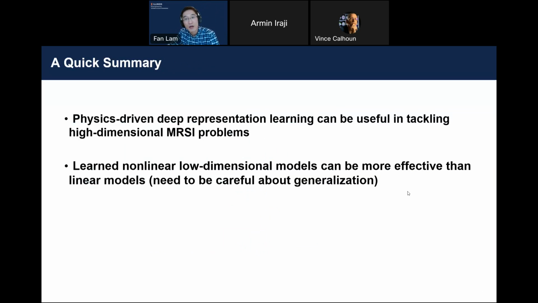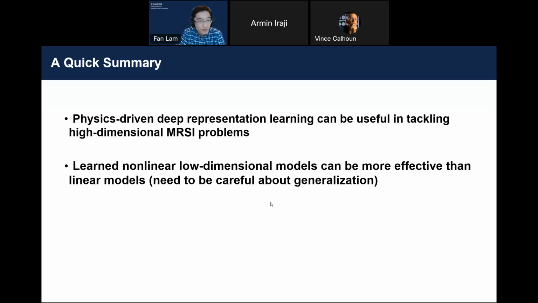Yeah, so to quickly sum up these results, hopefully I demonstrated that physics-driven deep representation learning can be useful in tackling the high-dimensional MRSI problem, and hopefully extending what's originally offered by subspace imaging. And this kind of strategy, I believe, could also be useful for other high-dimensional imaging problems where the signal evolution follows a well-defined biophysical model.